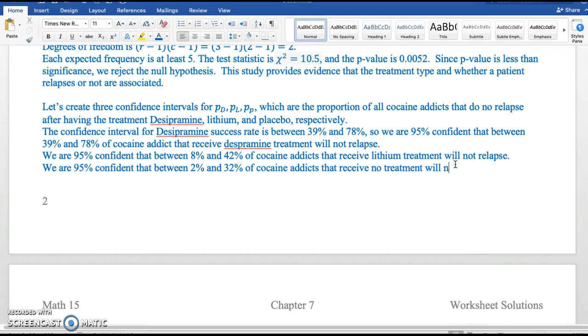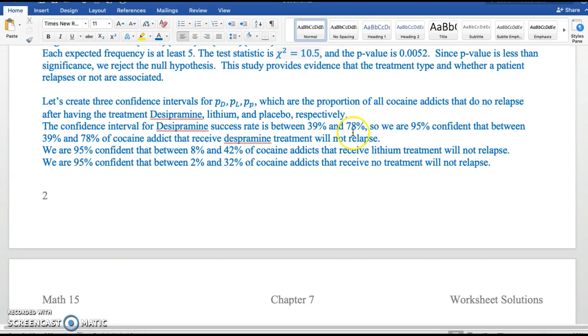So if we look at all these confidence intervals, there's some overlap between lithium and disipramine, but the disipramine has a much larger confidence interval and it's much more positive.